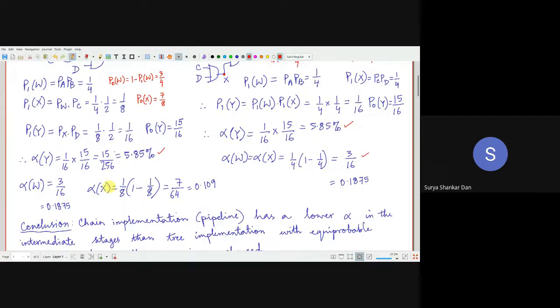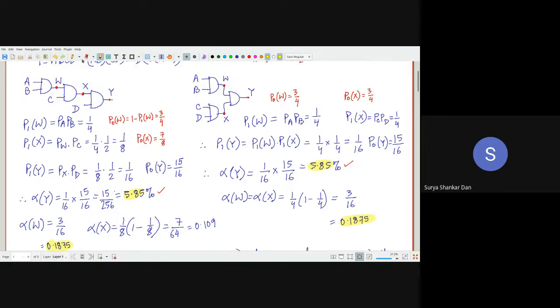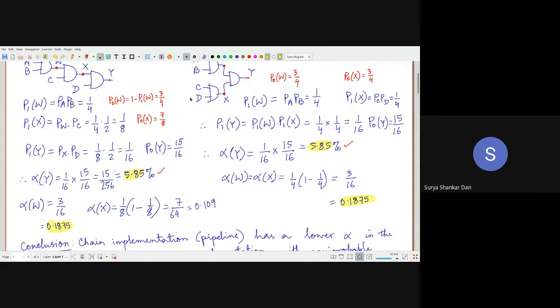Notice that alpha W remains the same for both of them. Alpha Y remains the same for both of them. So that means the first stage W over here and the first stage W over here, and the final stage Y and final stage Y, they are having the same probability of switching.